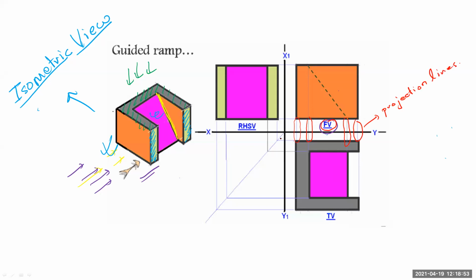You can see here they are light in color and they are drawn exactly vertical like this. You can see the projection: this point is projected to this point, this point is projected to this point, and this corner is projected just below it. So this is the way of drawing the projections exactly below.